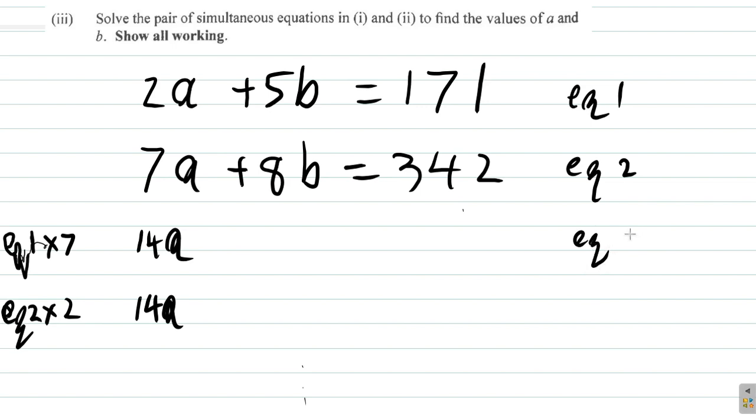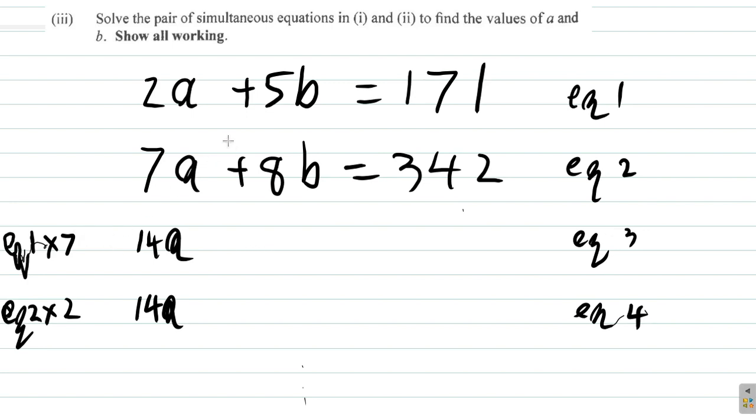Call this equation 3 and this equation 4. I would have equation 3 with a 14a, and I would have equation 4 with a 14a. So to eliminate a, all I would need to do is subtract equation 3 and 4, and a would disappear. So let's work with that.